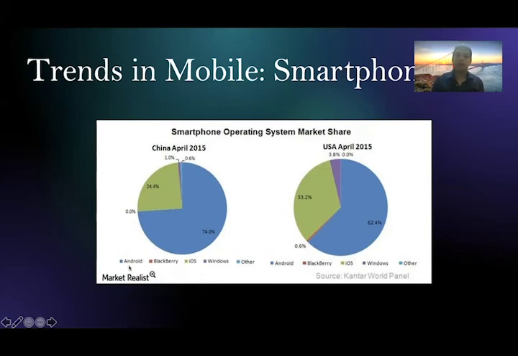We have the Android platform, BlackBerry, iOS, and Windows. 74% is Android in China compared to the US, where 62.4% is Android, and the second largest, of course, is iOS at 33.2% in the US, and only 24.4% iOS in China. So this is the mobile device platform.